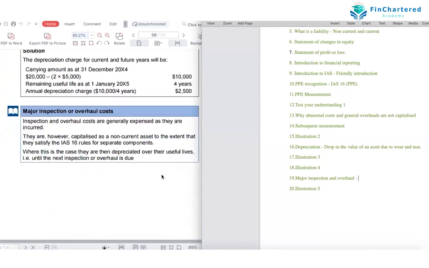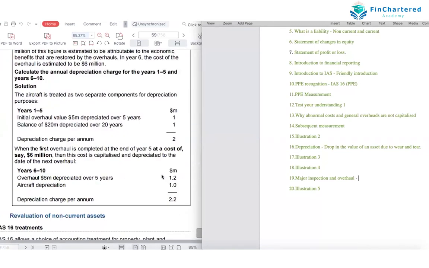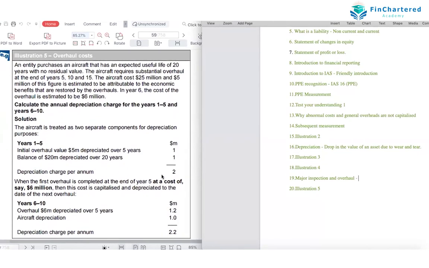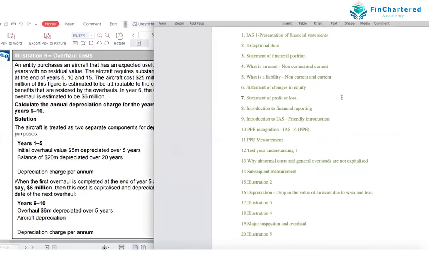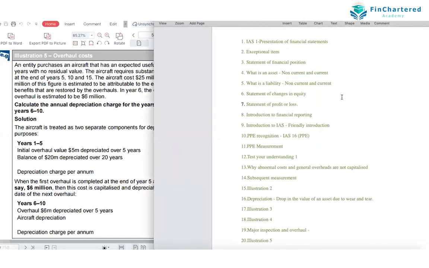In order to explain that, we looked at illustration 5. We broke the question into 2 parts, year 1 to year 5, year 6 to year 10. And these are the things that we saw today broadly. 20 topics that we covered.